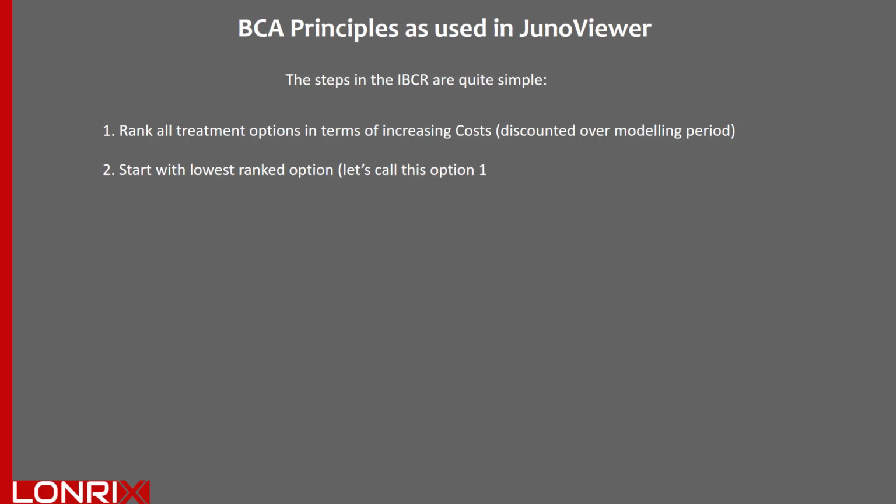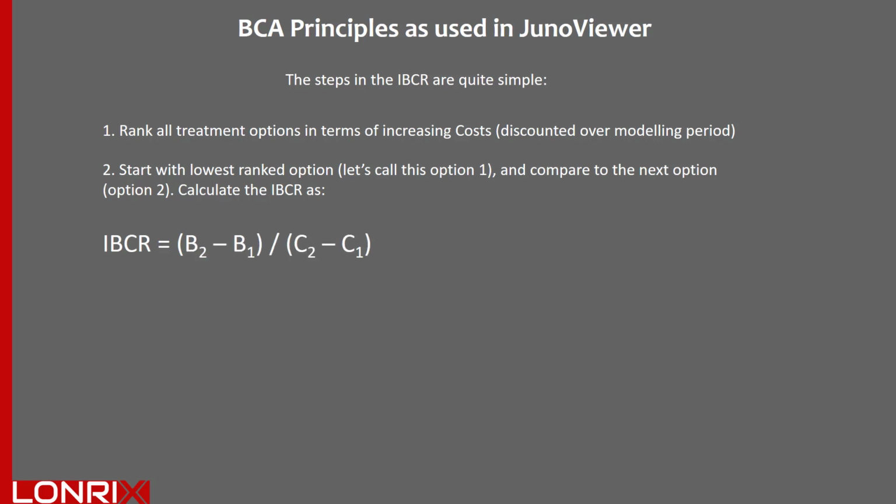Then we start with the lowest ranked option, let's call this option 1, and compare it to the next option, option 2, by calculating the incremental benefit cost ratio as the benefit of option 2, that is the next most expensive option, minus the benefit of option 1, divided by the cost of option 2 minus the cost of option 1.